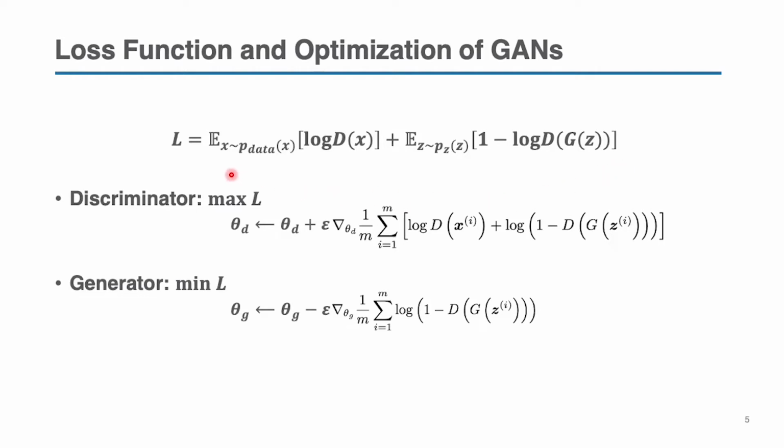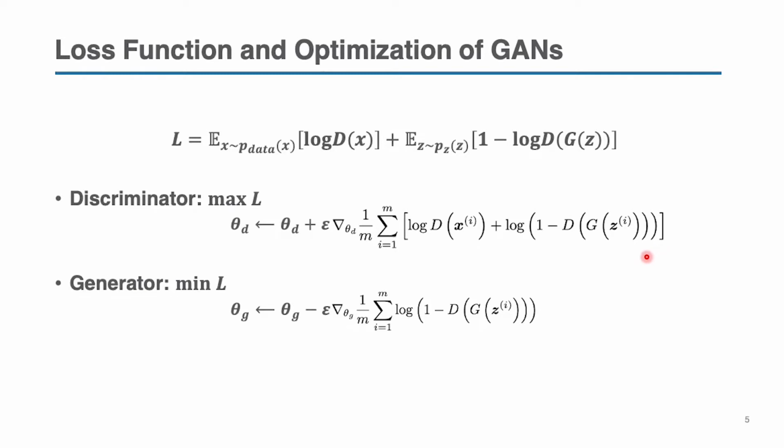So the entire loss function actually represents the correctness of the discriminator, which is why we try to maximize the loss function when we train the discriminator, even though it's called the loss function. And you can see that during the optimization process of the parameters for the discriminator, which is theta sub d, we do gradient ascent like this.